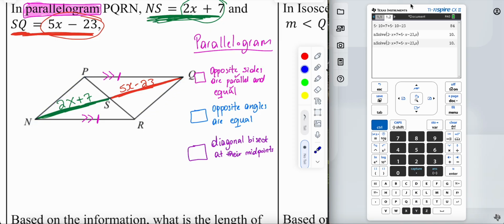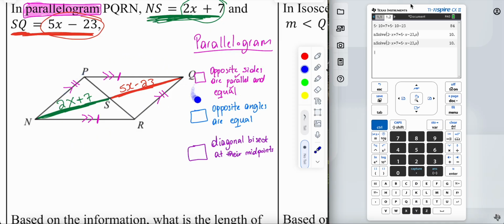So these 2 sides in a parallelogram are parallel to each other. So I'm going to have 1 arrow for parallel and 1 arrow for this one to show that I am comparing those 2. Not only are they parallel, they are also equal. So I'm going to put 2 marks right there just to show that these 2 sides are equal to each other.